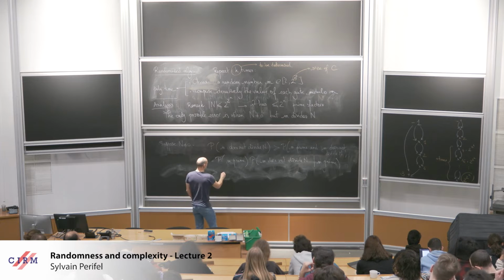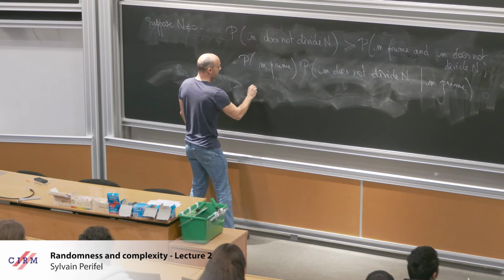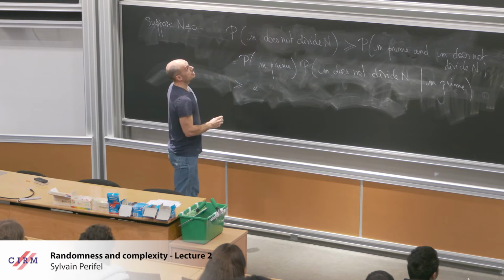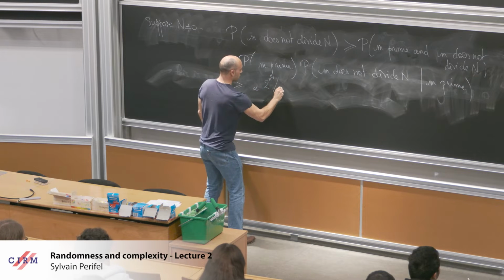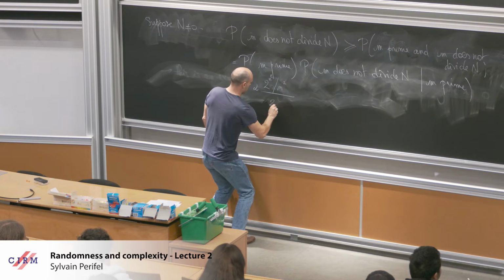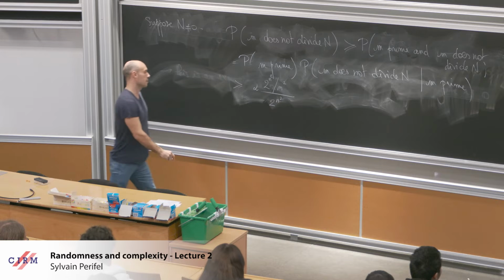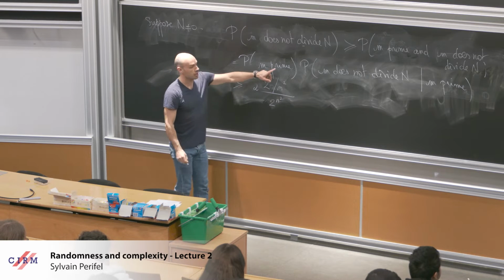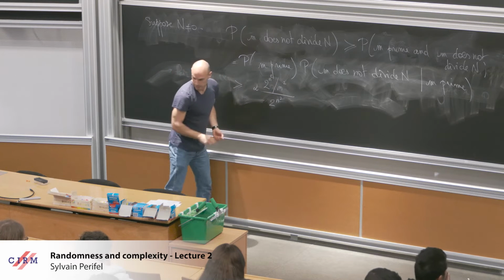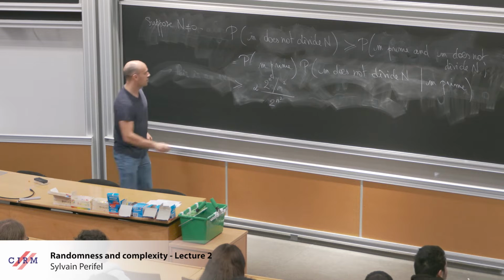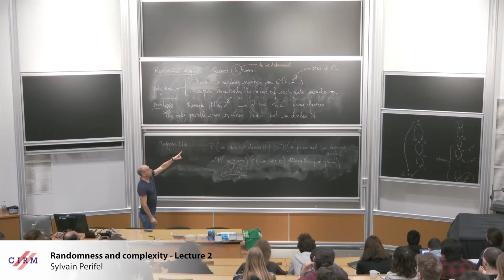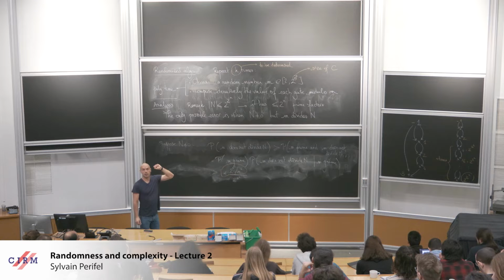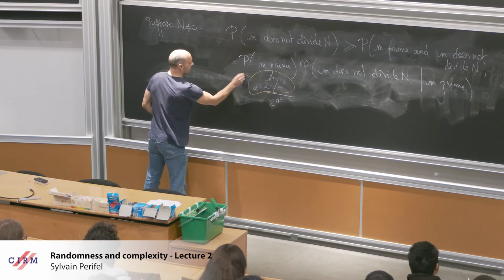Okay, so there is a constant, let's say alpha, times 2 to the n squared divided by n squared, something like this. So this is the number of prime numbers in the interval 2 to the n squared. So this is the prime number theorem here.